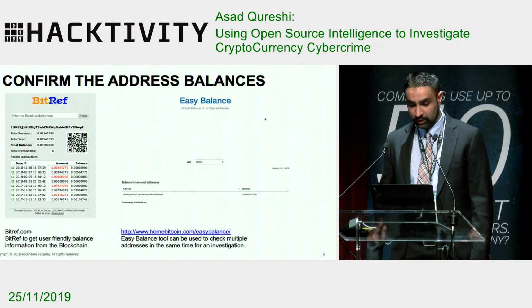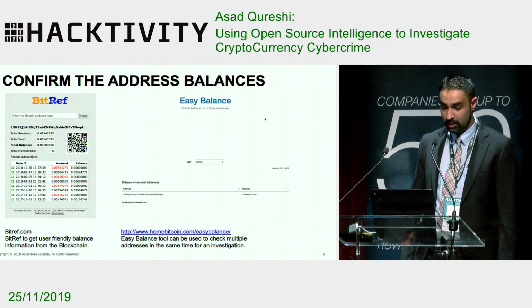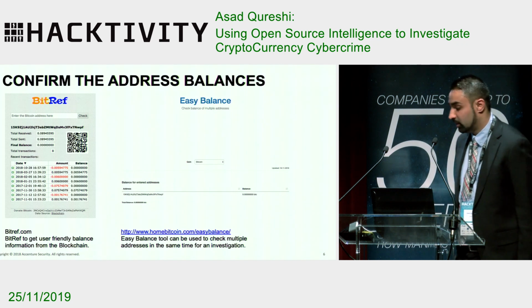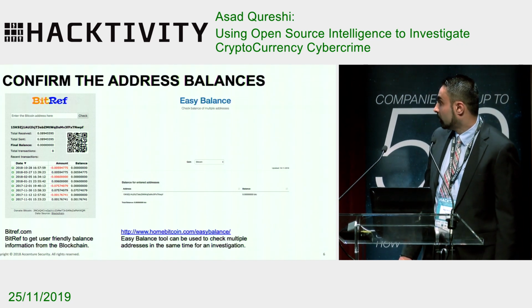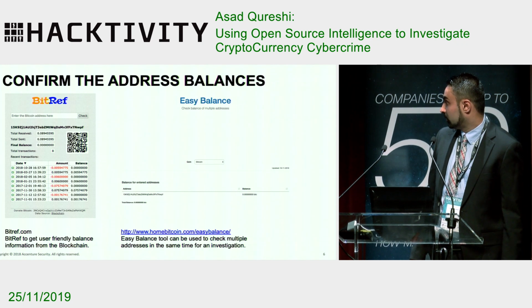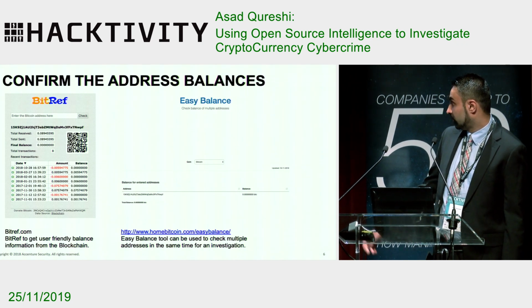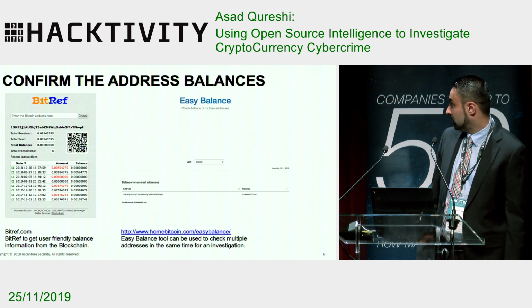So there is another tool as well, which is called Betreff. If you want a user-friendly view, we can just use this tool, which will allow us to see, we're still trying to confirm the transaction. So we put in that address, and we can see the date and the amount which is sent, and what the balance is.